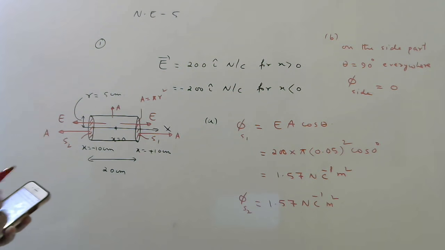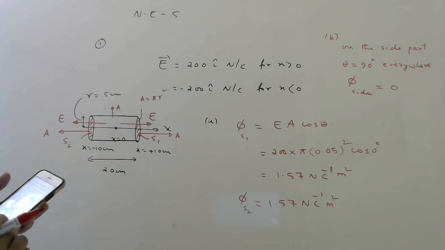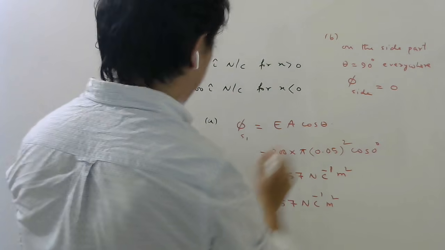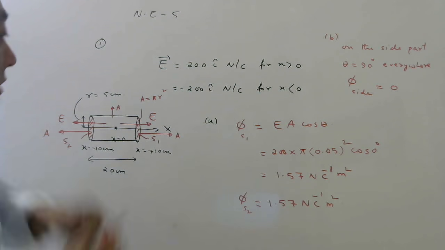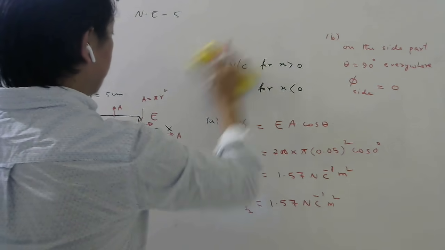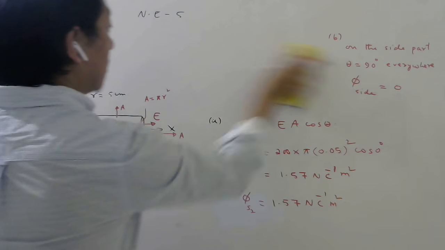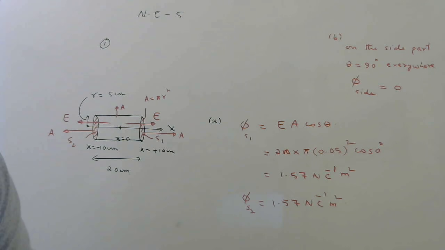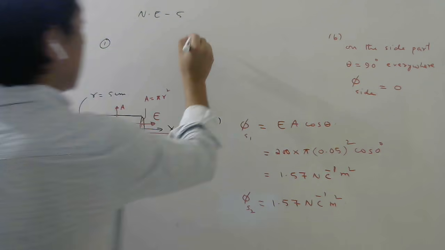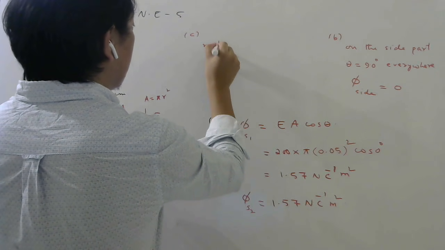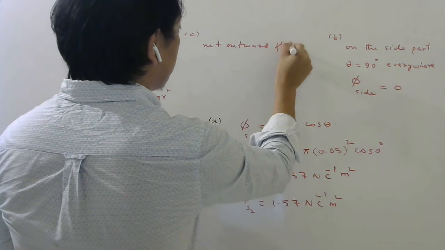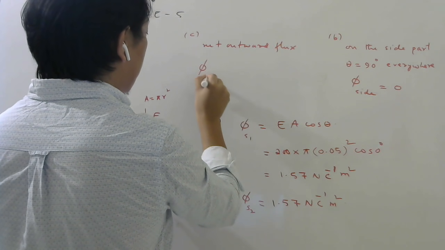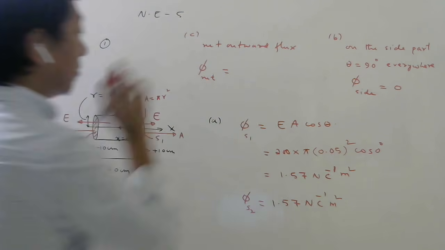Then in part C they are asking what is the net outward flux. So let me write part C here. Okay, let me rub a few things. Now let me find part C, which is the net outward flux. So let us say phi net, let me use the symbol.